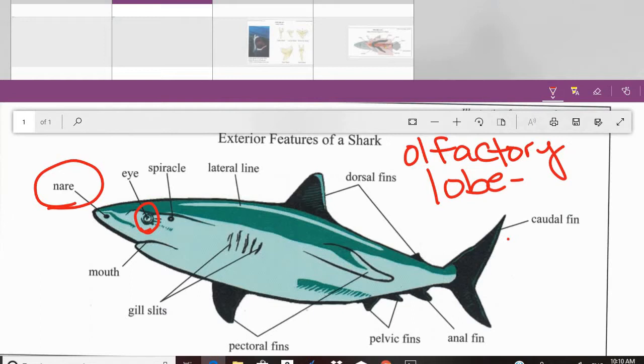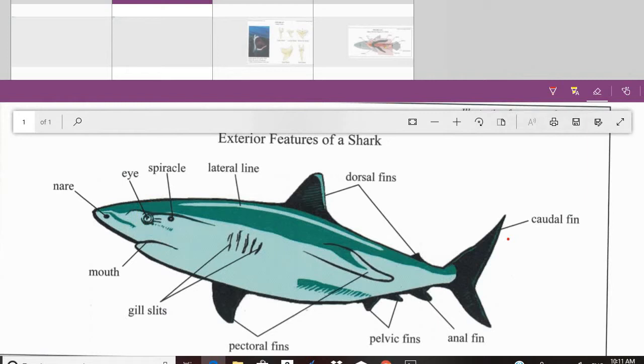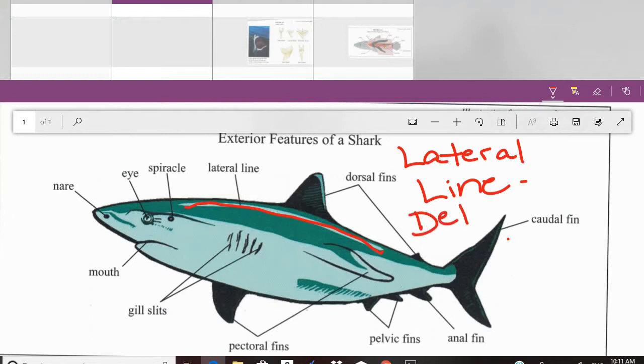The other structure that I will point out on this figure is this thing here called the lateral line. The lateral line's job is to detect vibration.